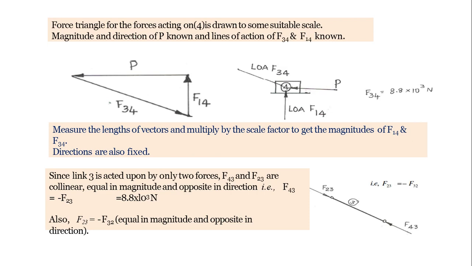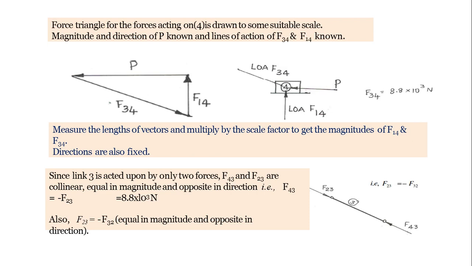By measurement, just check it out, the value of F34 you will get is around 8.8 into 10 to the power of 3 newtons. Once you get the value of F34, the other things follow: F34 will be equal to F43 in the opposite direction, that is minus, which equals minus F23, and finally F23 is nothing but minus F32.